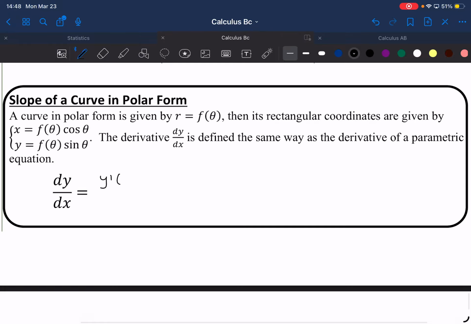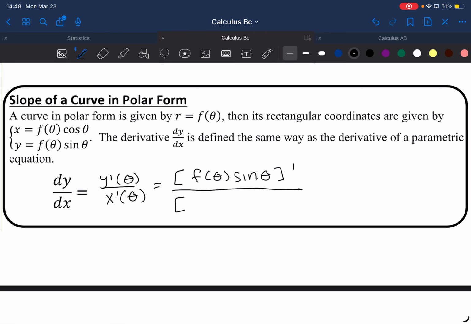Okay, since they give us x and y, that's the same as just plugging in these equations. So f of theta sine theta, take the derivative. And then f of theta cosine of theta, take the derivative. Okay. So then from here, since we have two functions being multiplied together, we have f of theta and then on the top sine of theta, we're going to have to use the product rule to take the derivative.